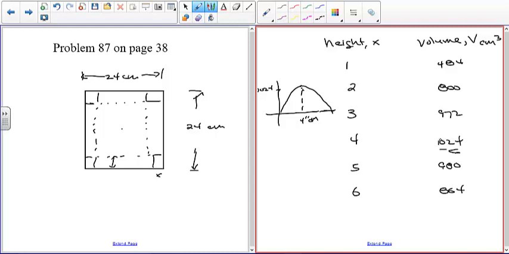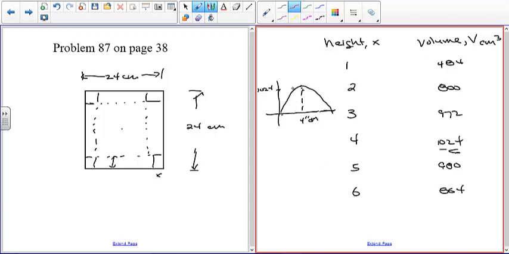So part A says use the table to estimate the maximum volume. Well, that would be this value, 1024 cubic centimeters. Part B says plot the points, so I'm just kind of approximating it. Does the relationship defined by the ordered pairs represent a function?